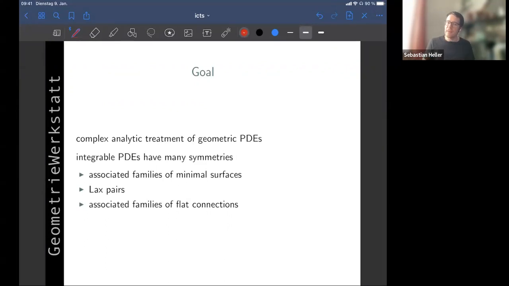So it gives you not only one solution, but a whole family of solutions to the same PDE. And this structure can be used to incorporate complex geometry. So that's the goal of my talk today.